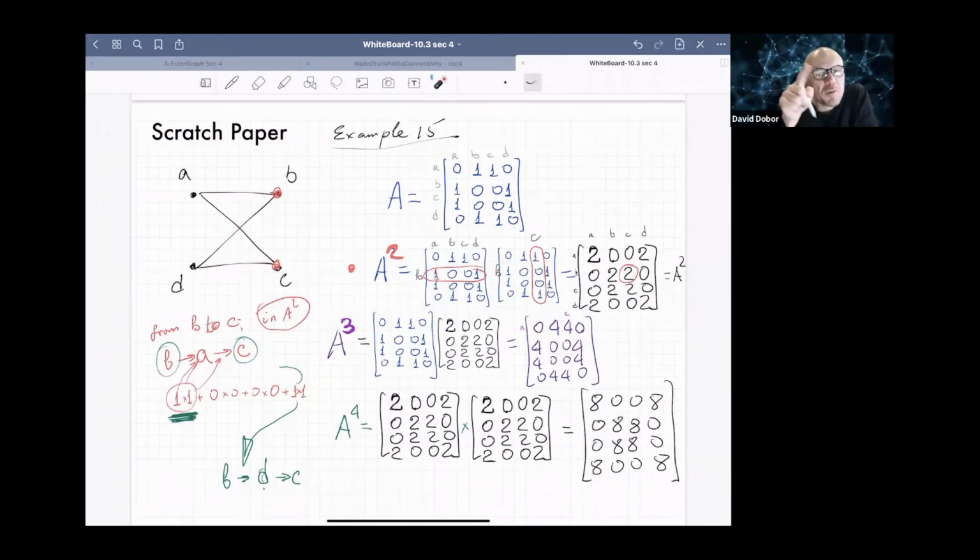Because both of these edges are present, and that's what the adjacency matrix told me, those edges form a path. So I have a path from B to C that goes through D. The presence of that term tells me about that particular path.